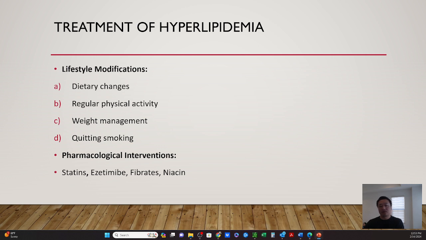Smoking can also lead to hyperlipidemia. Then you have pharmacological interventions: statins, azithromycin, fibrates, niacin. These are also medicines that can be used to treat this problem.